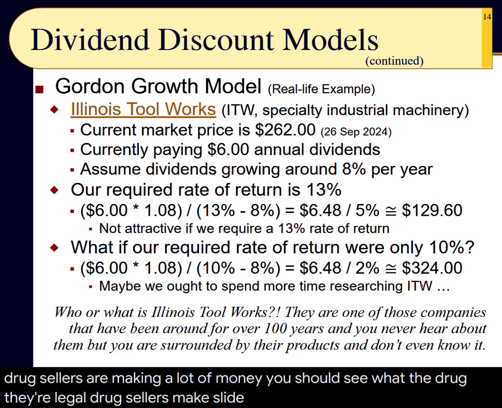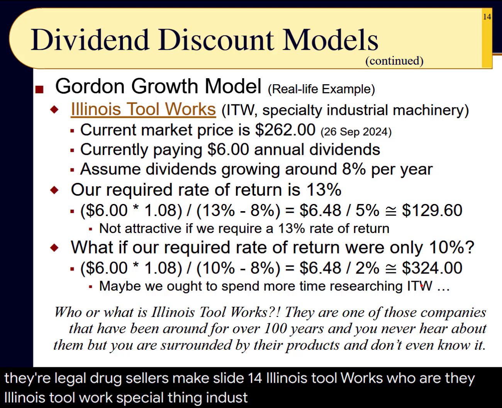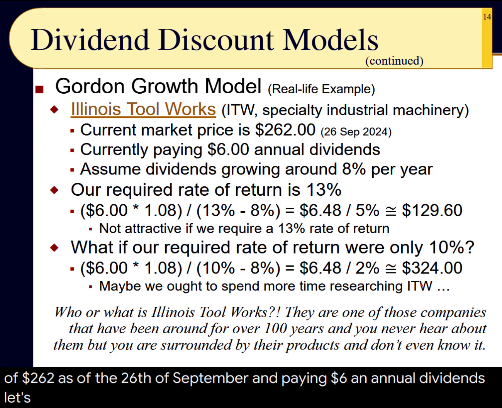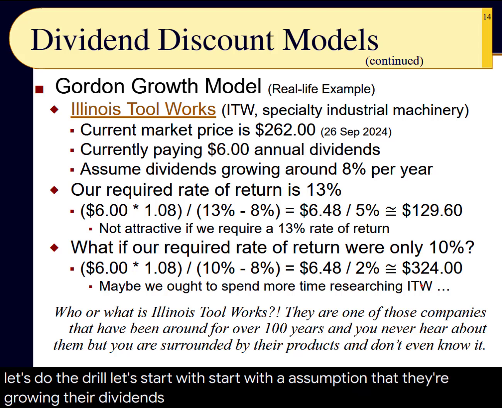Slide 14. Illinois Toolworks. Who are they? Illinois Toolworks, specialty industrial machinery. Current market price of $262 as of the 26th of September, and paying $6 in annual dividends. Let's do the drill. Let's start with an assumption that they're growing their dividends at 8%, and our required rate of return is 13%.